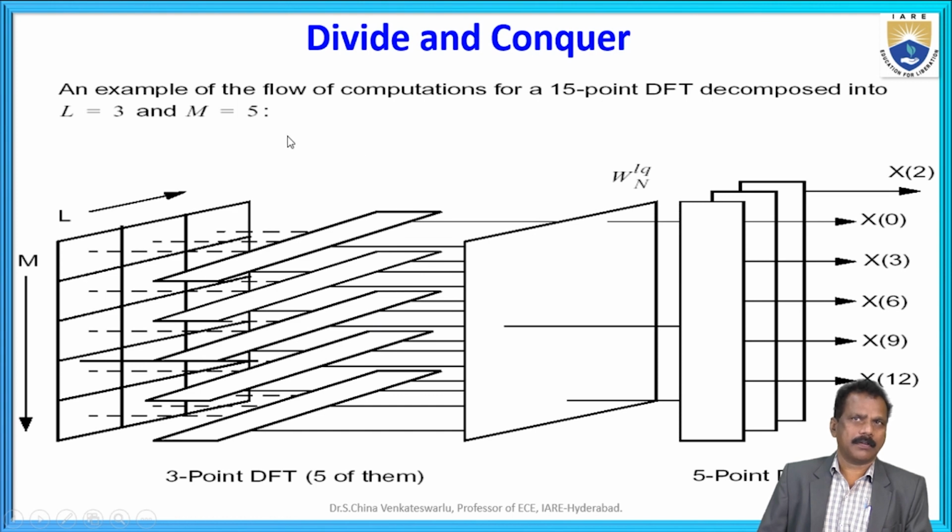Like this, in terms of practical aspect or a real-time example, we require the divide and conquer concept, where this is the flow of computations for the 15-point DFT decomposed into L is equal to 3 and M is equal to 5.